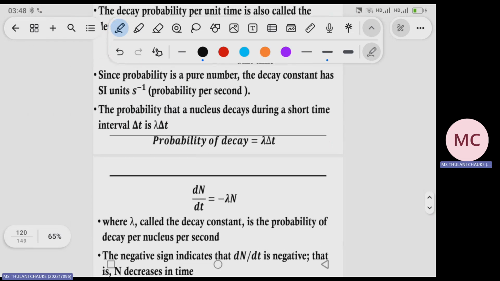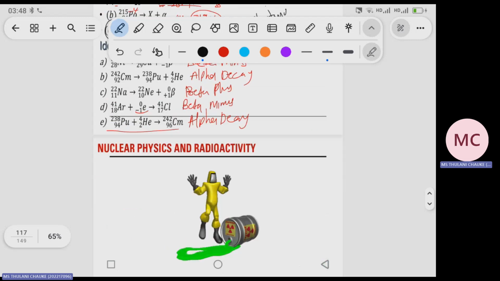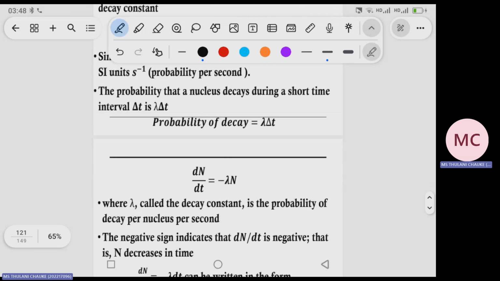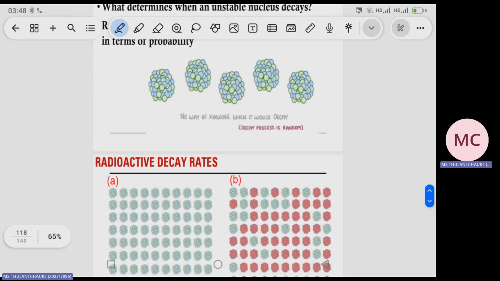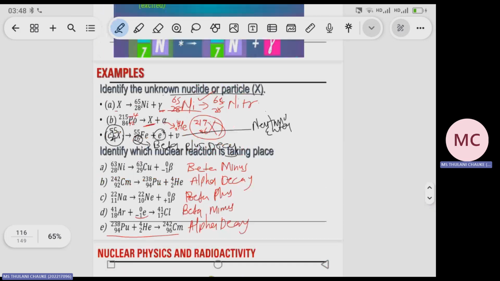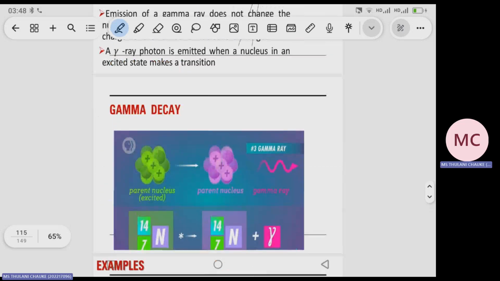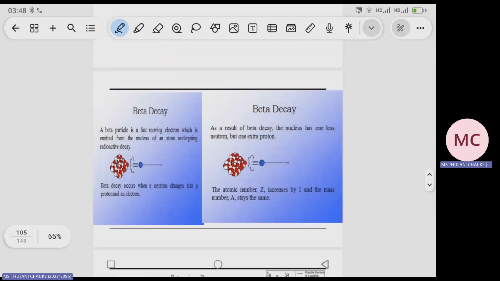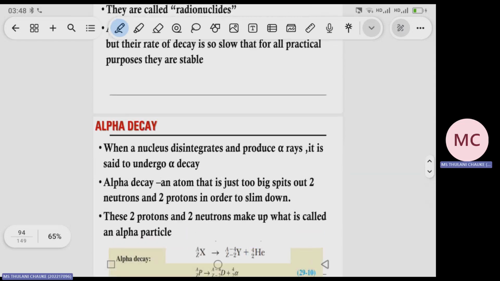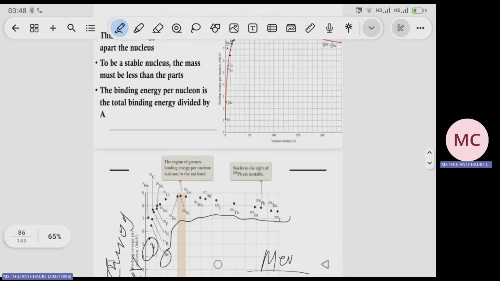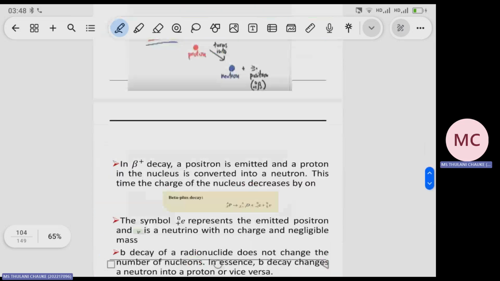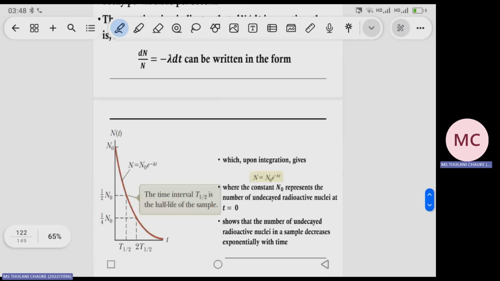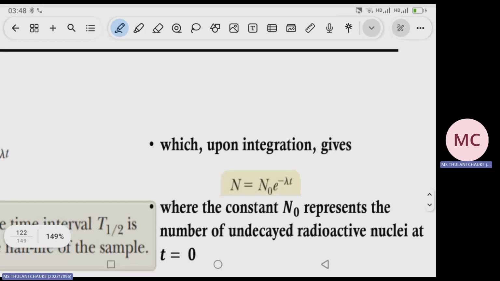Another thing that you have to know here is this formula. It's very important, to calculate how long the atom will undergo decay. Let me explain it here.